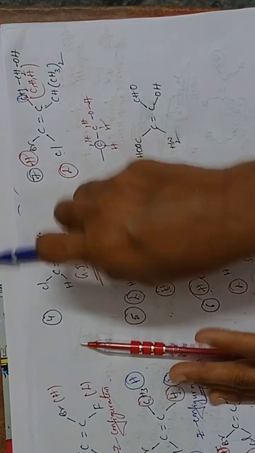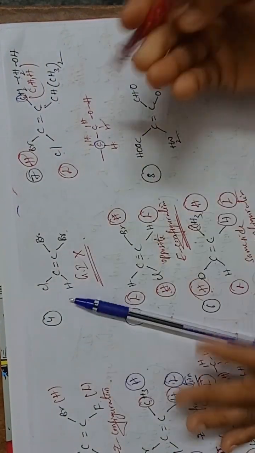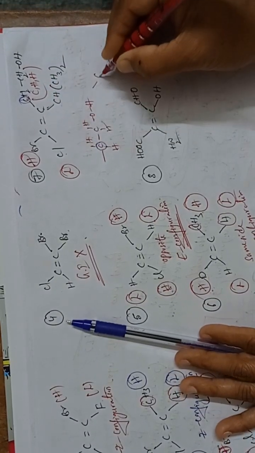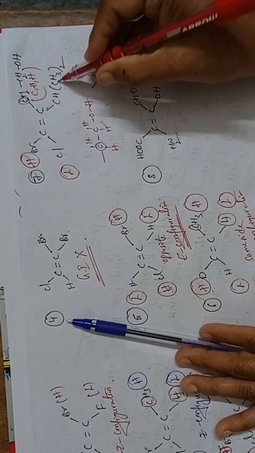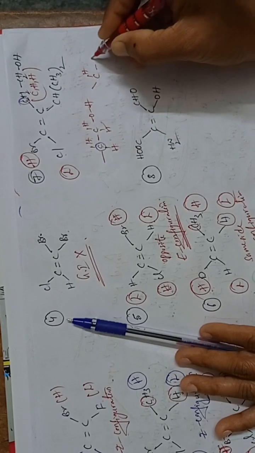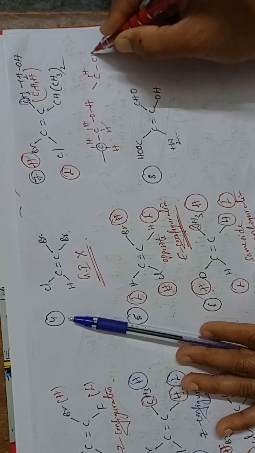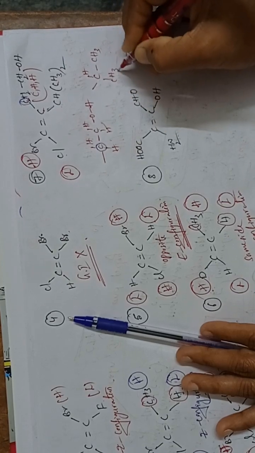Carbon and two hydrogens. Now this other carbon is attached to CH and CH3 twice. Write separately: CH, and CH3 twice, meaning two methyl groups are attached to the carbon. Here one CH3, here one more CH3.